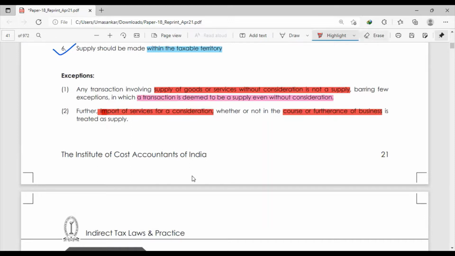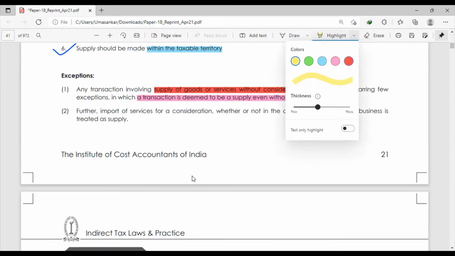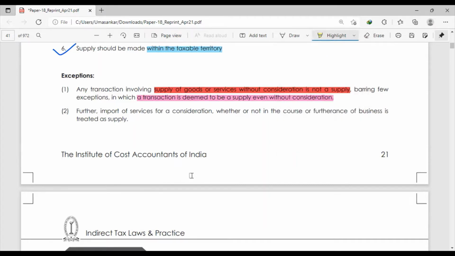I have done it wrong. It should be yellow color, because it is considered as supply. So it will be taken as supply.